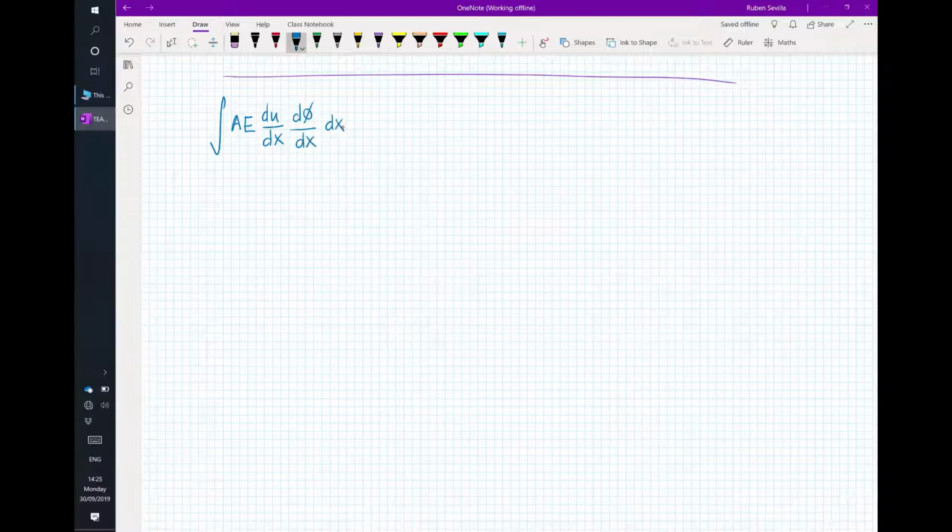When I write A multiplied by E, in the lecture notes I am more precise. I'm saying the area of the cross-section could change. You don't need to have constant area of the cross-section. This is my weak form, so I'm just copying what you have at the bottom of the slide.